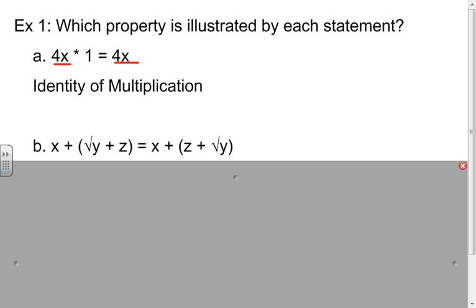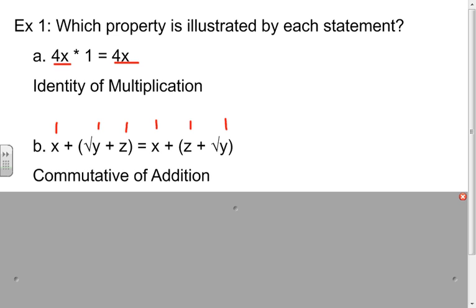Commutative property says that the order of my things changed. Well, I've got x, y, and z in this one, and over here I've got x and then z and then y. So on the right side, the z and the y switched places. I changed the order of my objects, so that tells me it's the commutative property. And since it's an addition problem, it's the commutative property of addition.